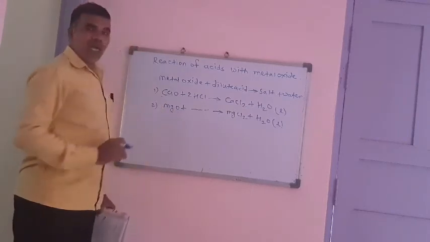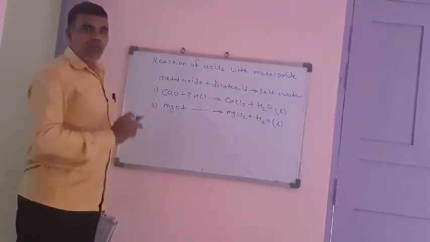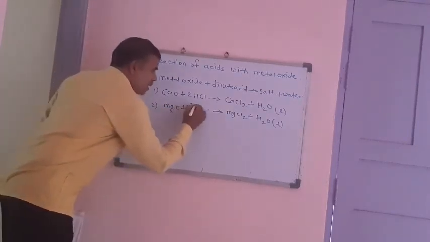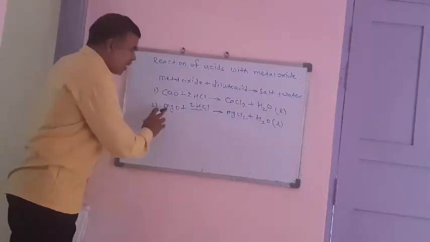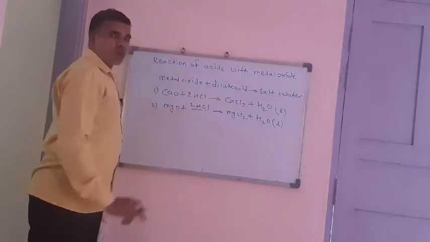So what do we need to write here? Here it will be 2HCl. When magnesium oxide reacted with hydrochloric acid, we get magnesium chloride and water.